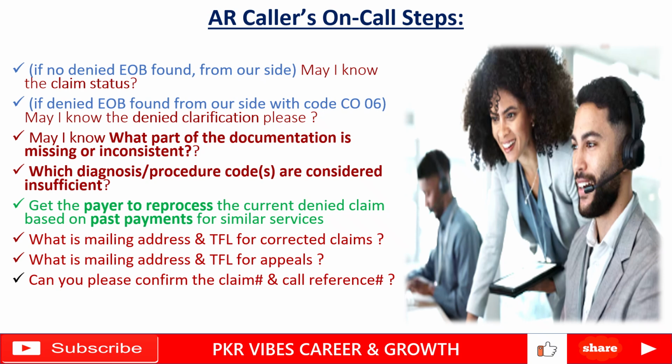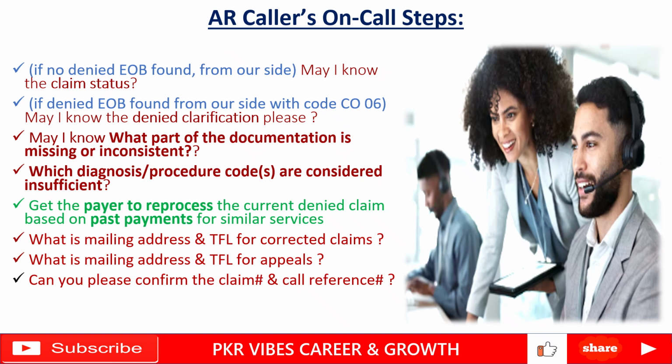And the next point I gave is to get the payer to reprocess the current denied claim based on past payments for similar services. So as a pre-call analysis, we discussed that we already got payments for the same kind of denial, same kind of procedure for this patient on previous dates of service or on future dates of service.